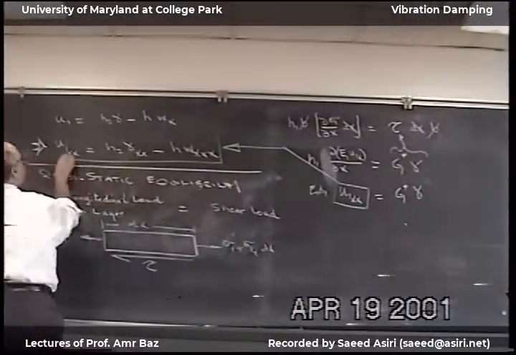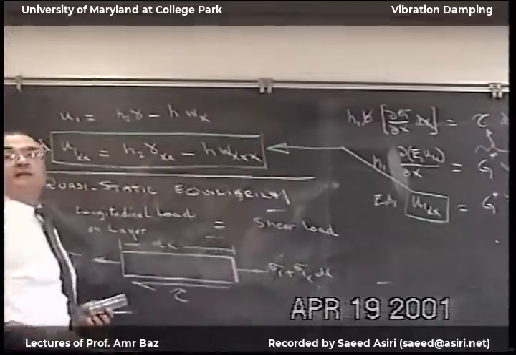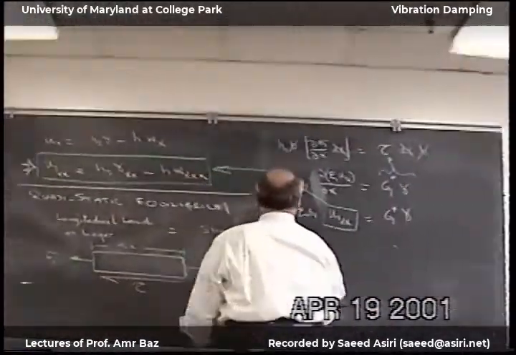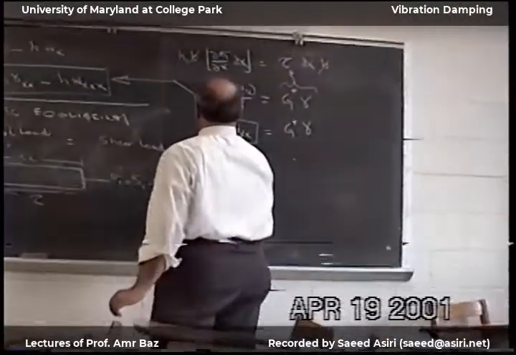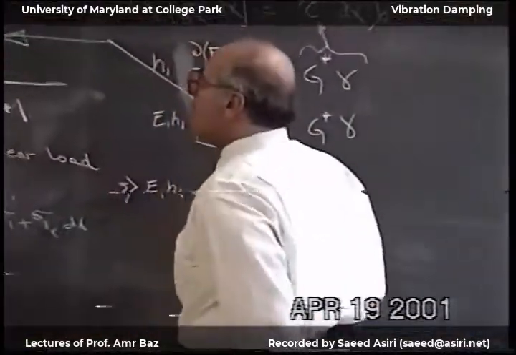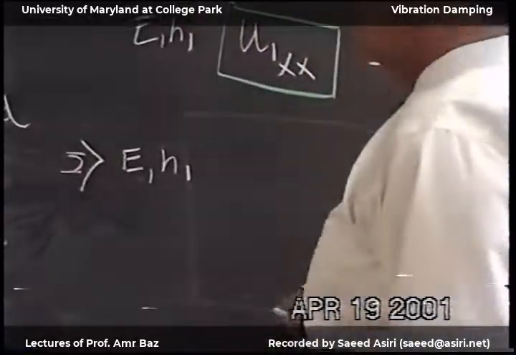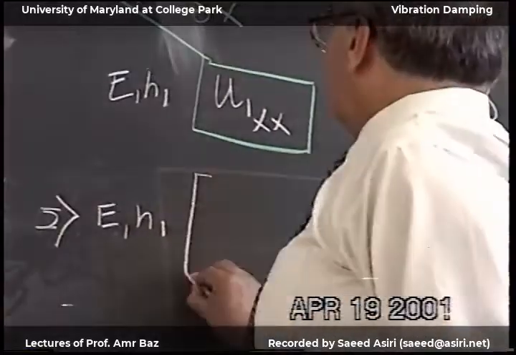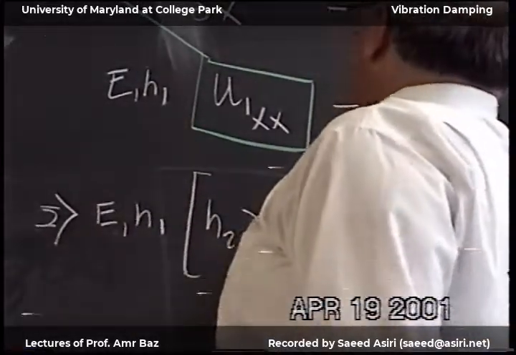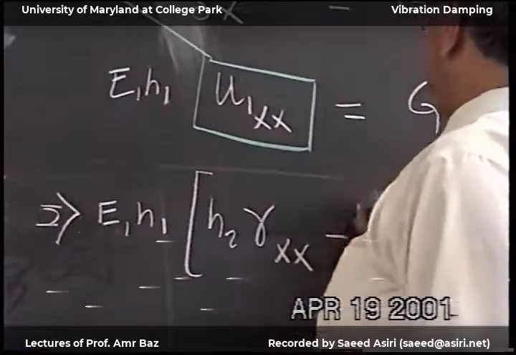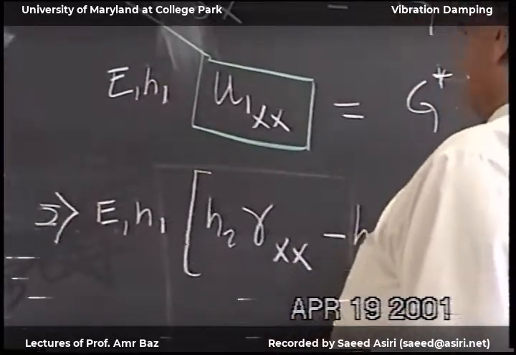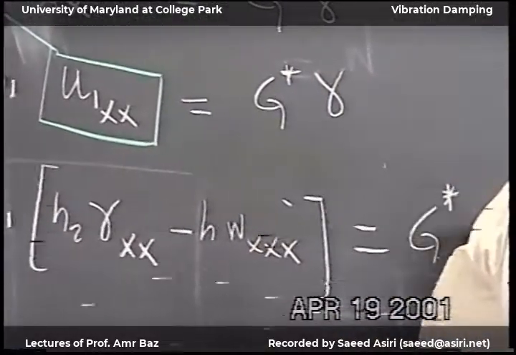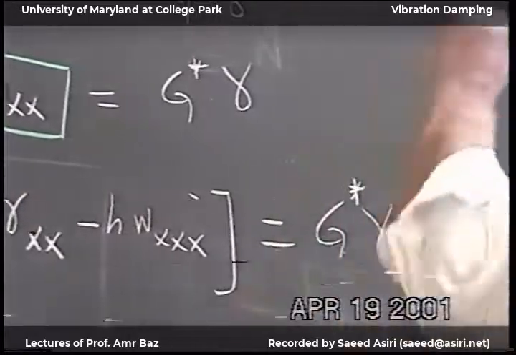Now this term we have from the geometry here. So now I can replace it from this equation. So this is equal to E1 H1 and then we have H2 gamma XX minus HW1, 2, 3 will equal to G asterisk and gamma.